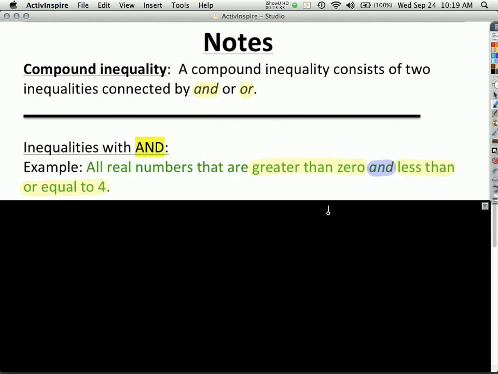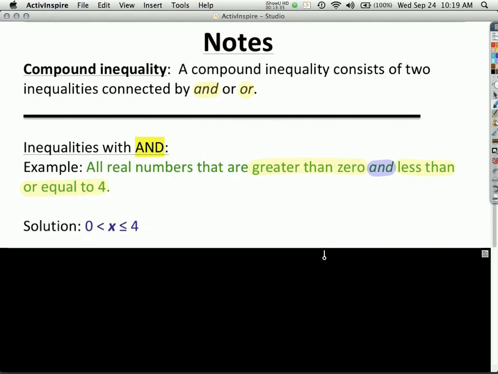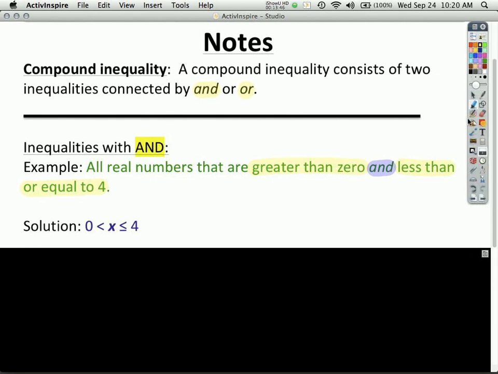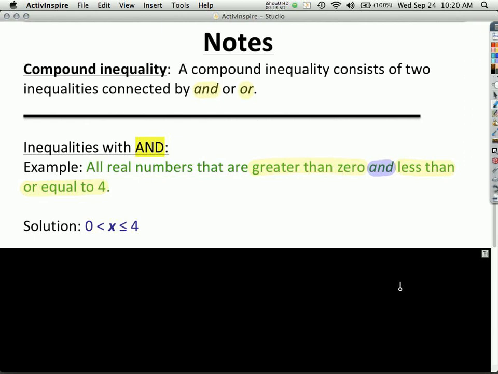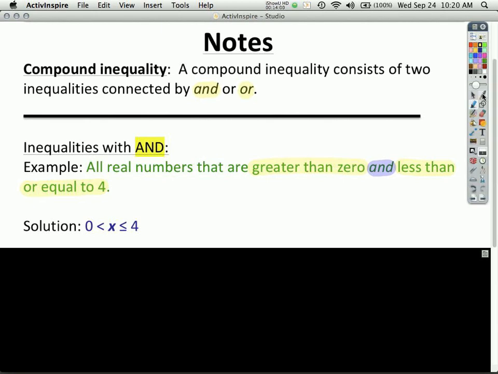So here's what it translates to in the world of algebra. And this is what I meant by you're seeing something very new. This is one example of a compound inequality. And so you can see that it has two inequality symbols. So where are the two inequalities?